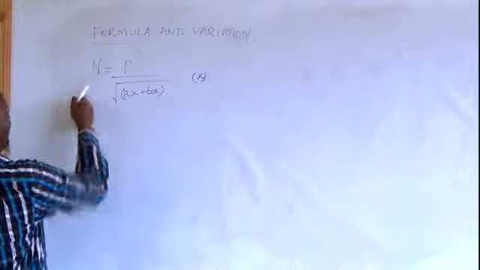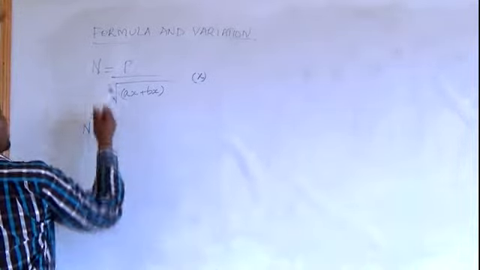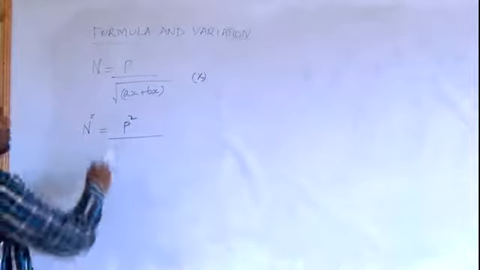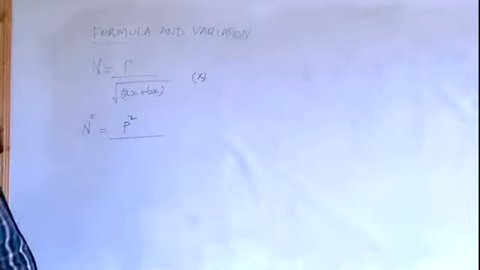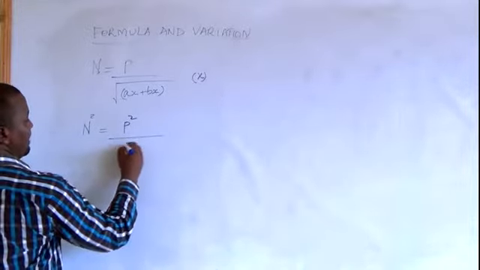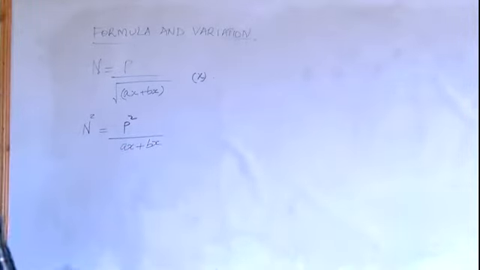When you square n, you get n squared is equal to, when you square p, you get p squared divided by, when we square the square root of that, we will only remove the square root sign, and therefore we remain with ax plus bx. So that is the first step.